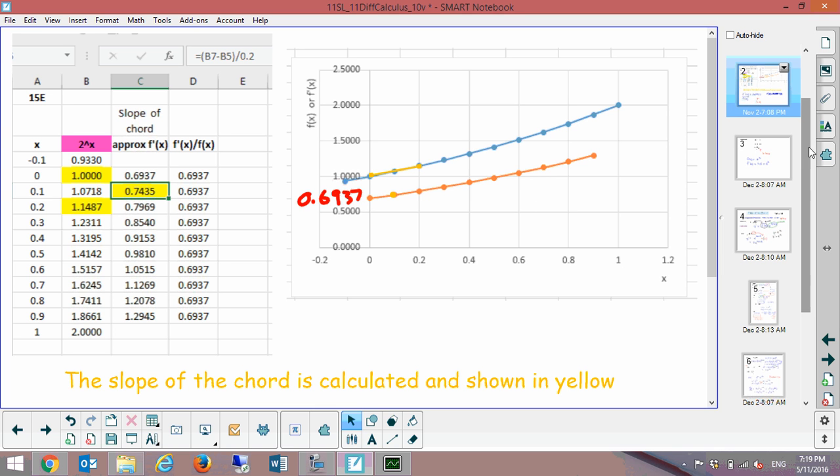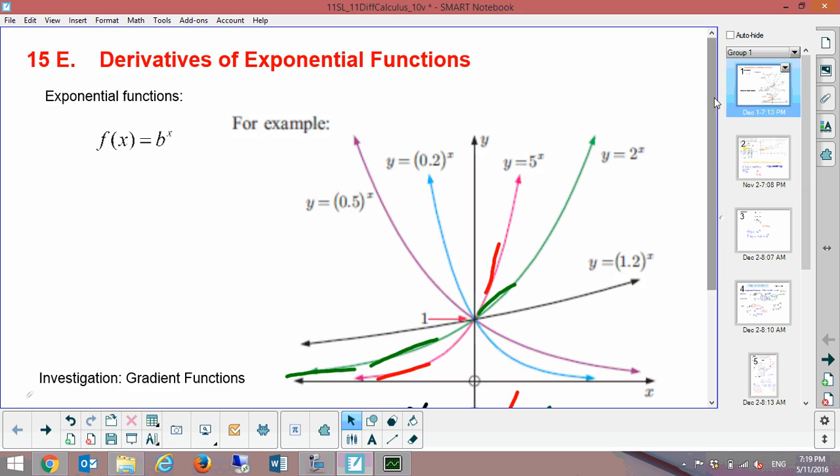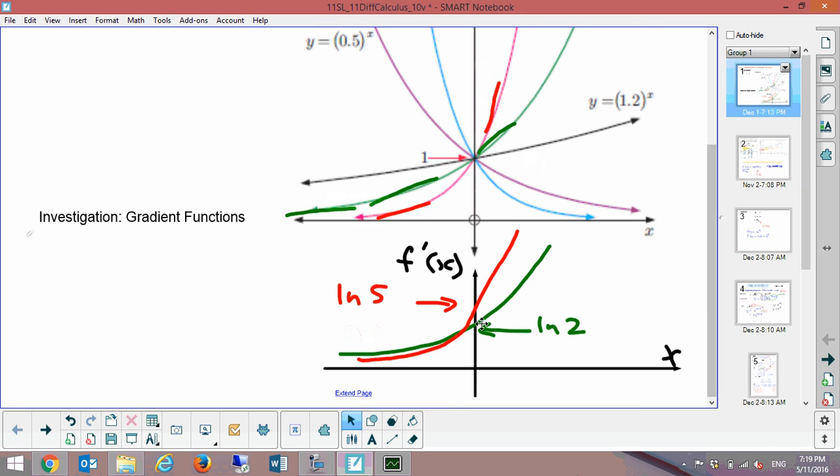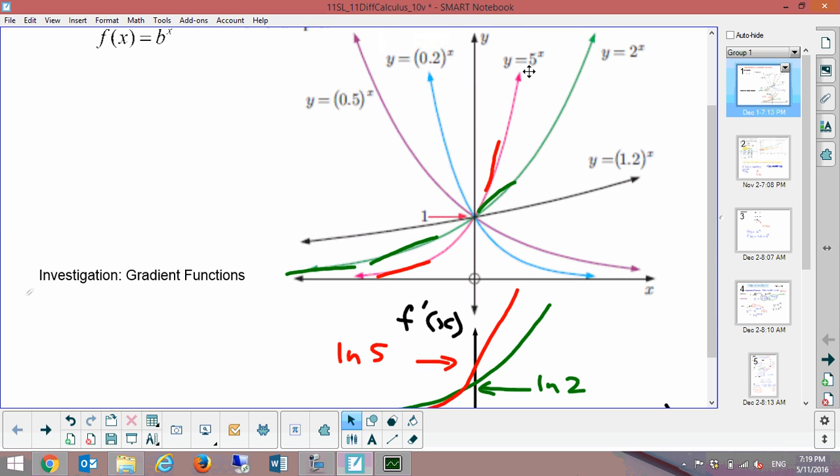And that takes us right back to our first page when we were doing that quick sketch, and we said at this point the derivative function is ln of 2. Now we know why. That y-intercept is ln of 2. And if we look at the other pink function, the 5 to the x, then the y-intercept is also ln of 5. It's the natural log of whatever the base is.